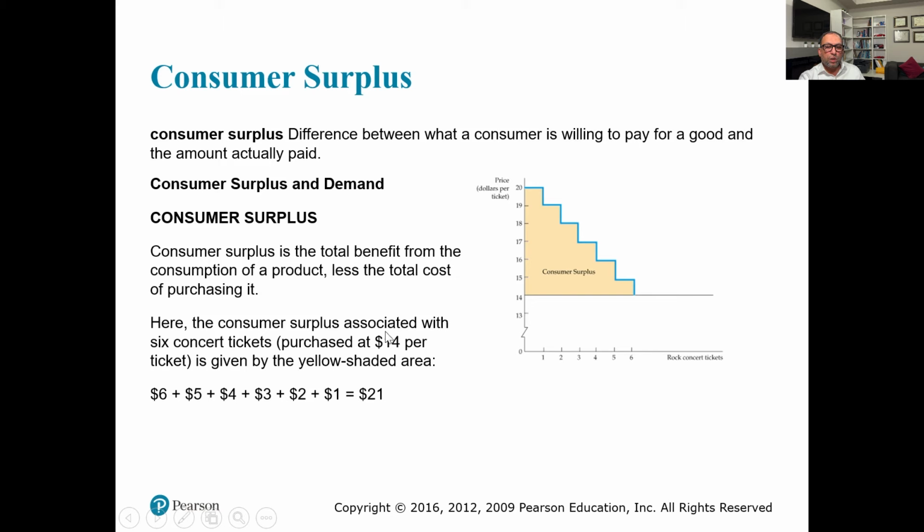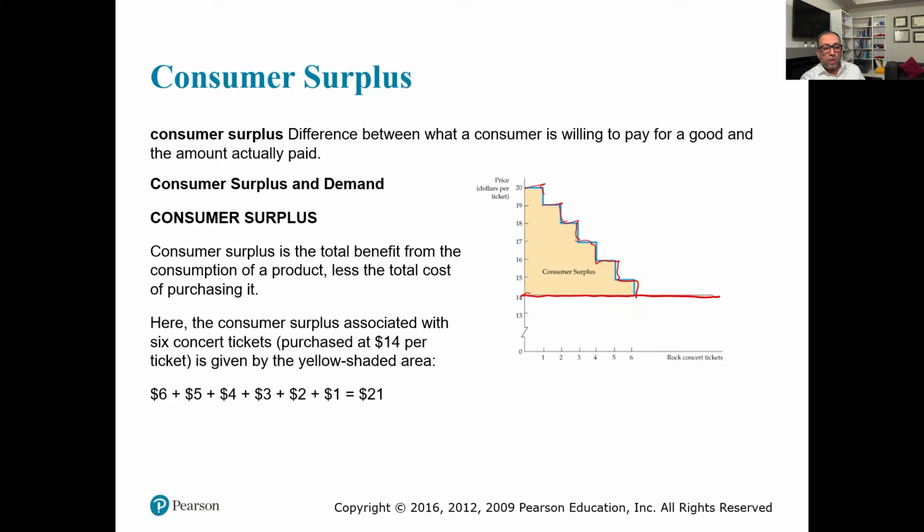Here the consumer surplus associated with 6 concert tickets purchased at $14 per ticket is given by the yellow shaded area. The price is $14. The first ticket holder has a willingness to pay of 20, the second 19, the third 18, and then 17, 16, and 15.